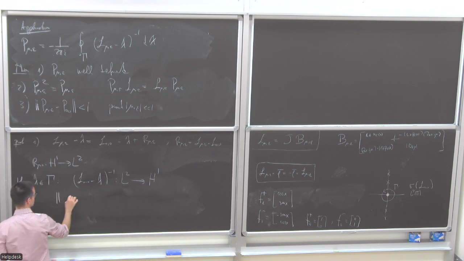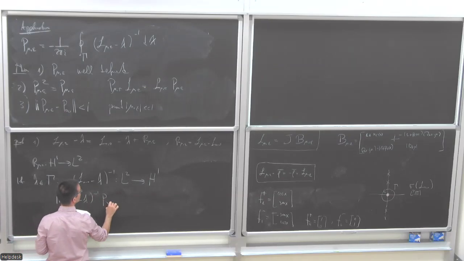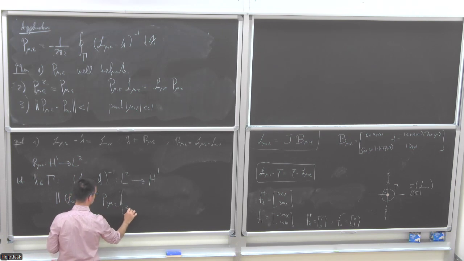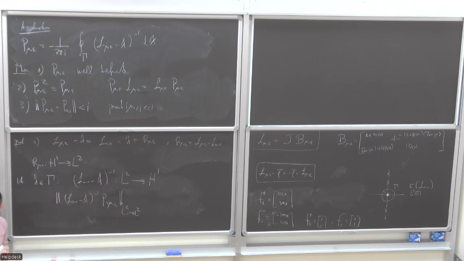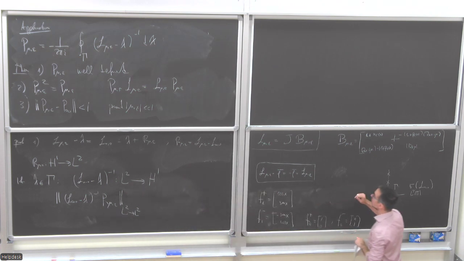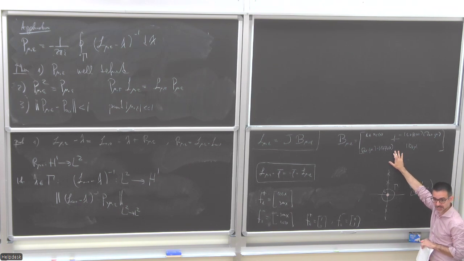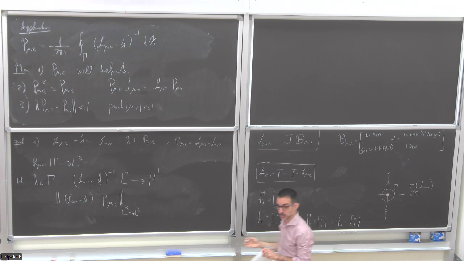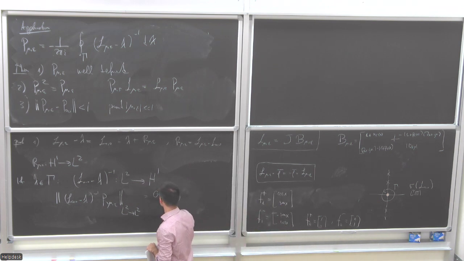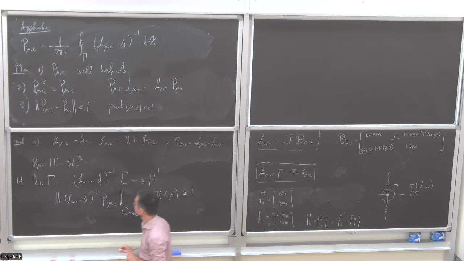And you can also check that the norm of (L00 minus lambda)^(-1) applied to R mu epsilon, as an operator from L2 to L2, is bounded, and the norm is smaller than 1, because R mu epsilon is the difference between L mu epsilon and L00, which is small in both mu and epsilon. And so this is smaller than 1, provided mu and epsilon are sufficiently small.